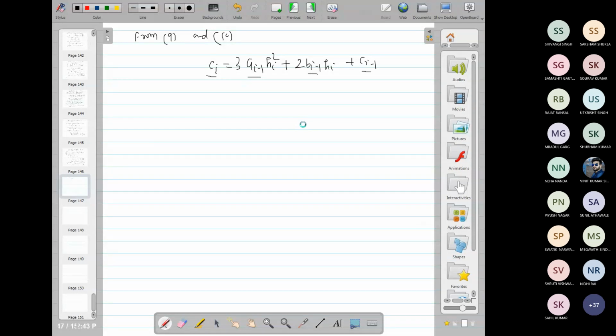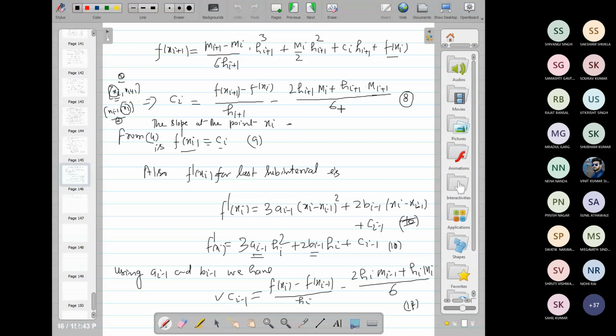Here you see ci is given by this equation 8, and ai minus 1, bi minus 1 and ci minus 1 are given by this.